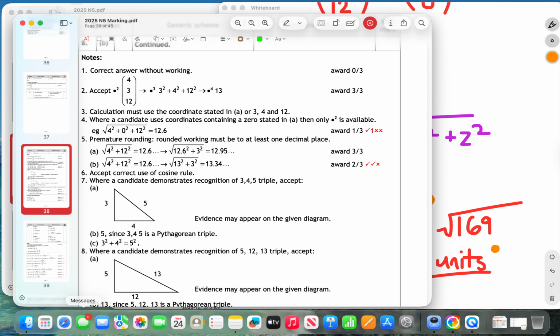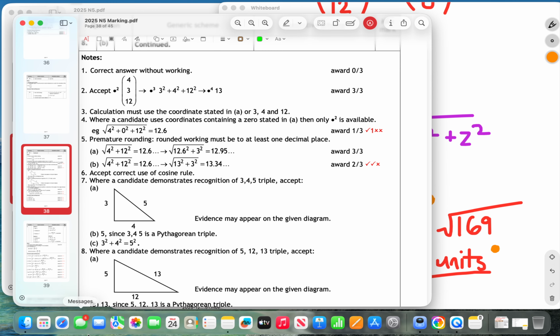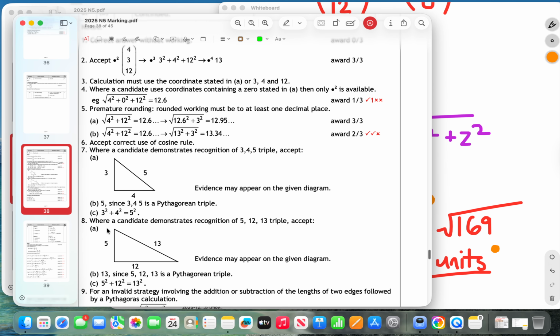You could also do this a few other ways. You could use your knowledge of Pythagorean triples. You could use these Pythagorean triples to help you.